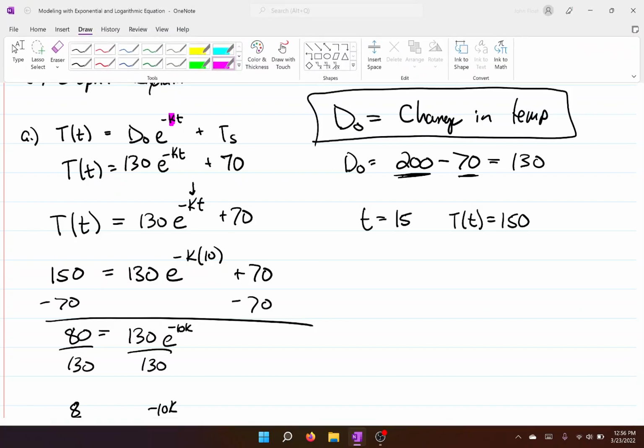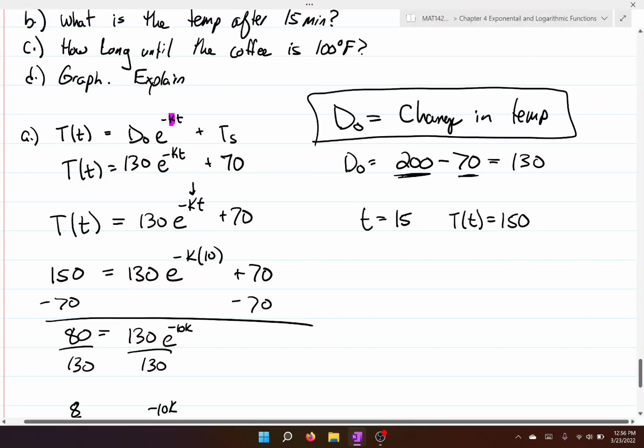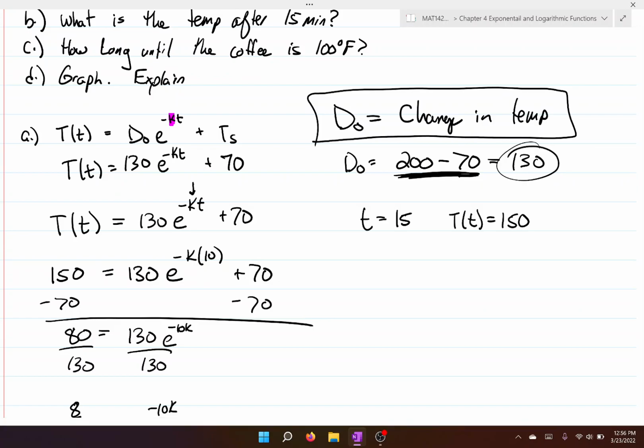So you always have to make sure that you find D sub 0 first. All it is is the change in temperature. If you imagine the room was much colder, your difference would be much greater, and it would actually cool down faster than if the two temperatures were similar.